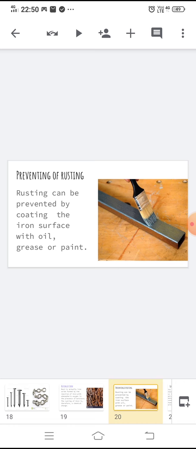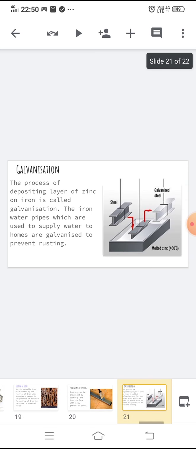Second method of preventing rusting is to coat the iron with another metal such as zinc or chromium. What is called galvanization? The process of depositing a layer of zinc on iron is called galvanization. The iron water pipes which are used to supply water to homes are galvanized to prevent rusting.